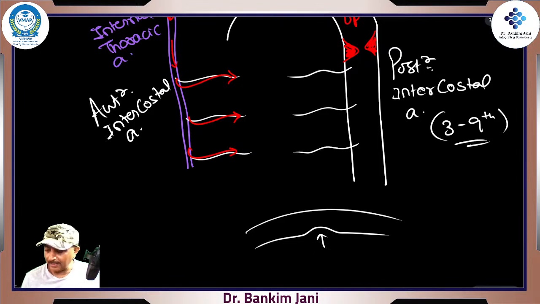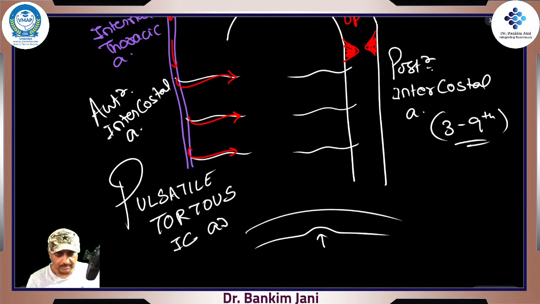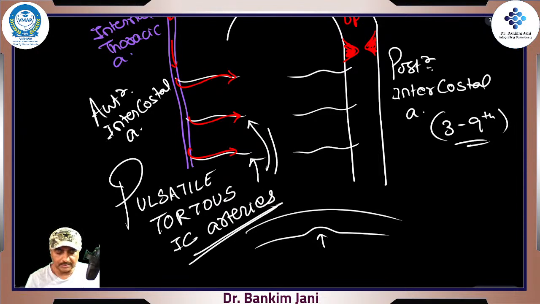So the classical words which you must remember: pulsatile, tortuous intercostal arteries. These are tortuous pulsatile intercostal arteries.